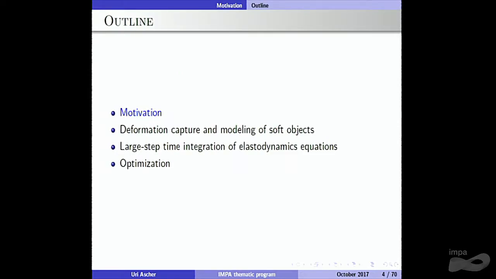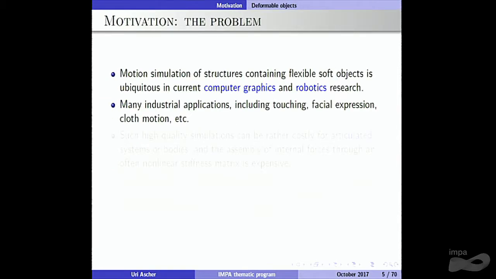So, just motivation, what this is about. It's not just computer graphics, it's also robotics. If you want to have a robot that actually can lift up something, it has to be soft touch. So when you have the contact, it is actually a deformable body.